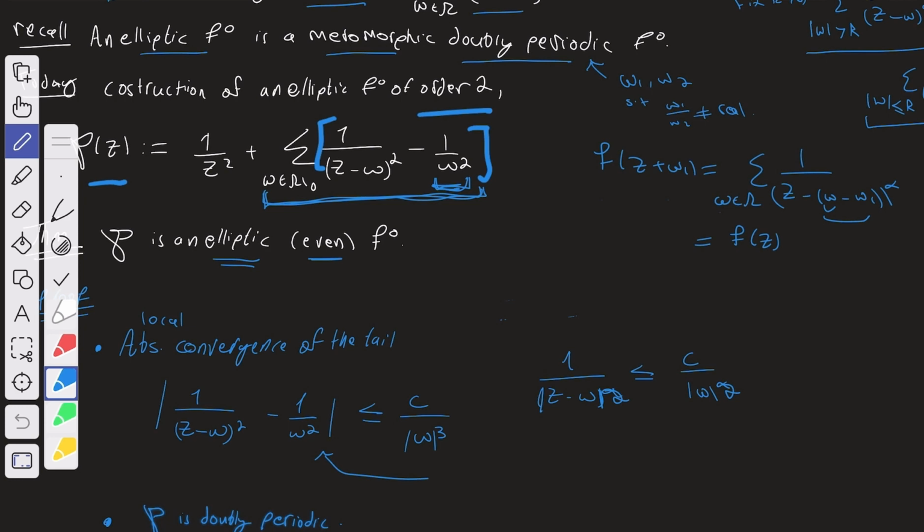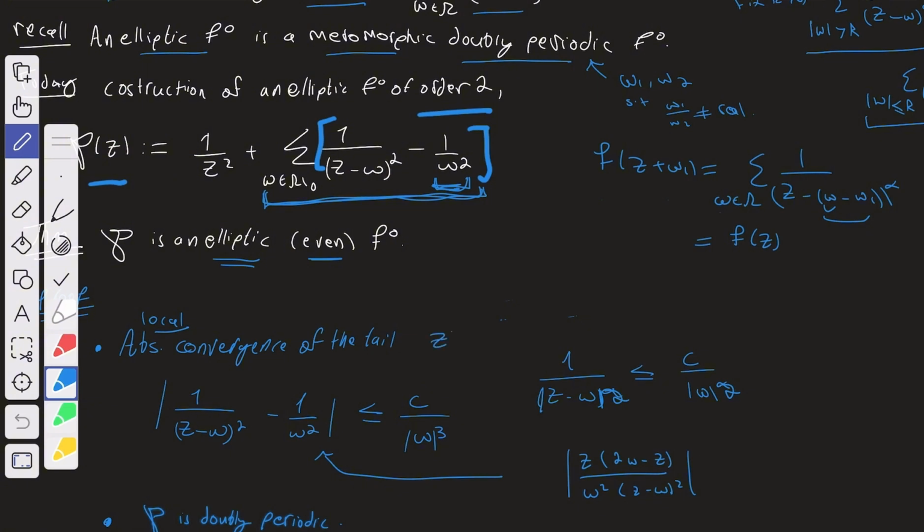However, this thing, if we expand it, is just something of the form z times (2 omega minus z) over something like omega squared times (z minus omega) squared. And I remind you that we're interested in local absolute uniform convergence.